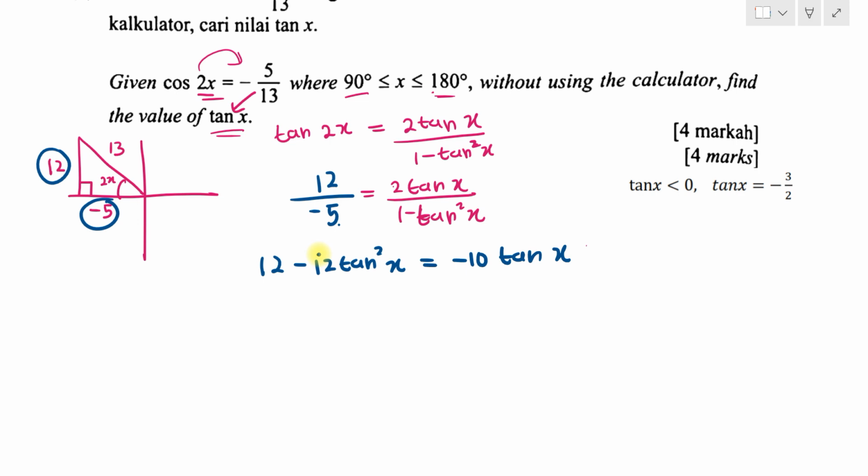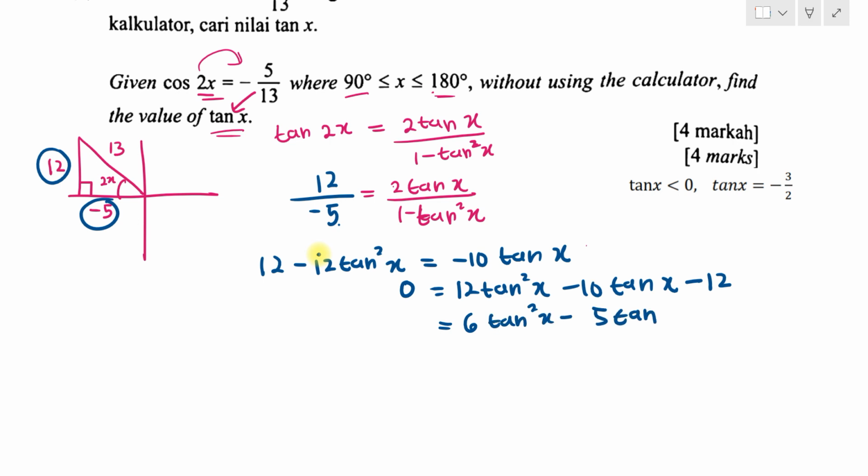So semua bawa dekat sini. 12 tangent square x minus 10 tangent x minus 12, okay, equals to 0. And all these can be divided by 2. So it becomes 6 tangent square x minus 5 tangent x minus 6 equal to 0.